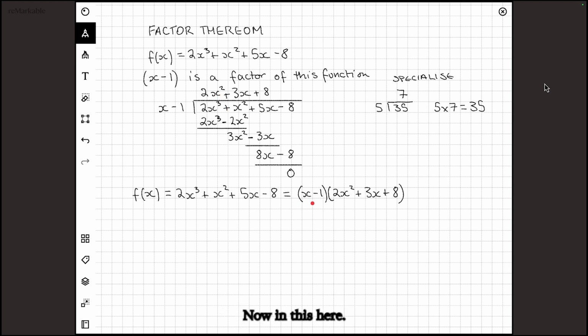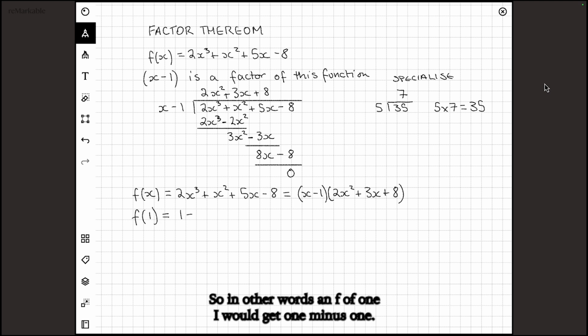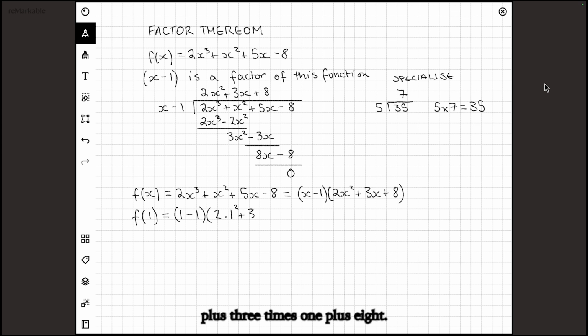Now, in this here, let's take that for a second. If I was to substitute in x equals 1, so in other words, f of 1, I would get 1 minus 1 into 2 times 1 squared plus 3 times 1 plus 8.